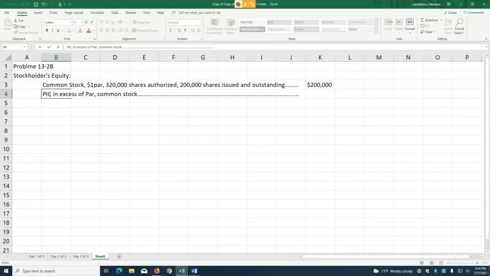Okay, 1,400,000. So that's how much they issued the stock above par. And then retained earnings is 2 million. Is that 2,160,000? 2,160,000.